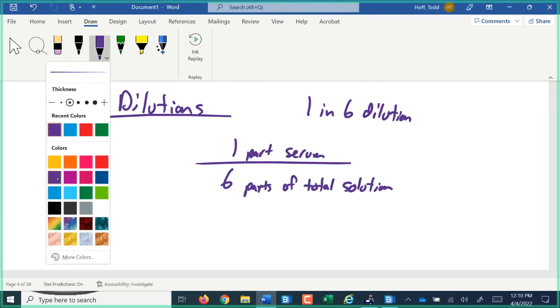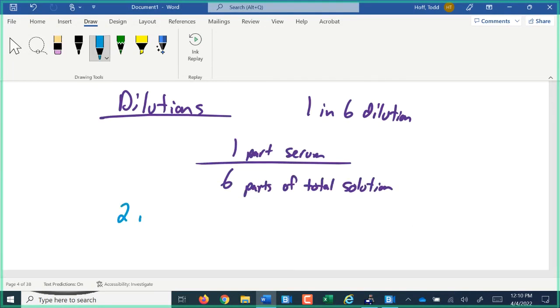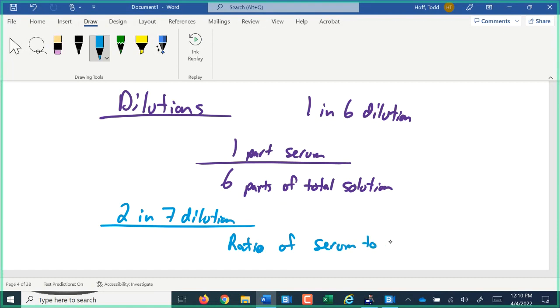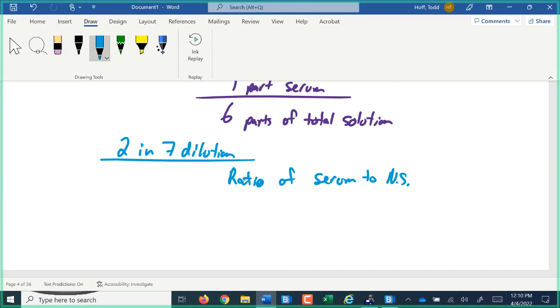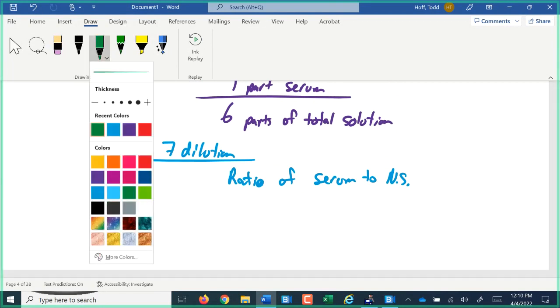So if I give you that we have a 2 in 7 dilution, and I ask for the ratio from the saline, 2 to 7 is the dilution. 2 is the serum.